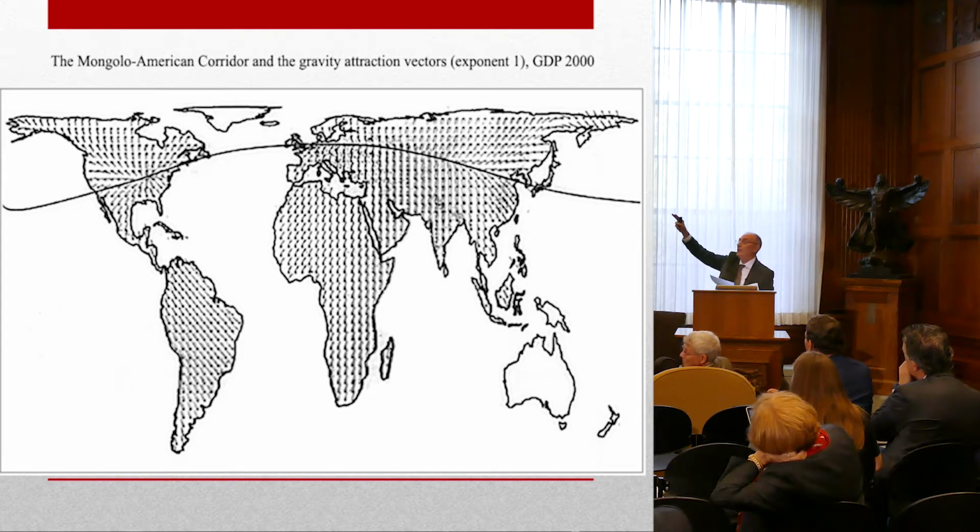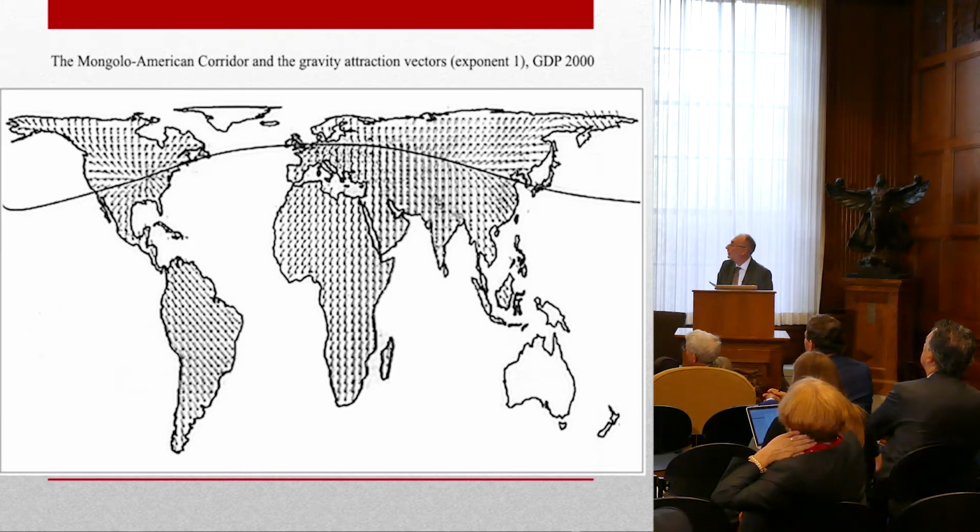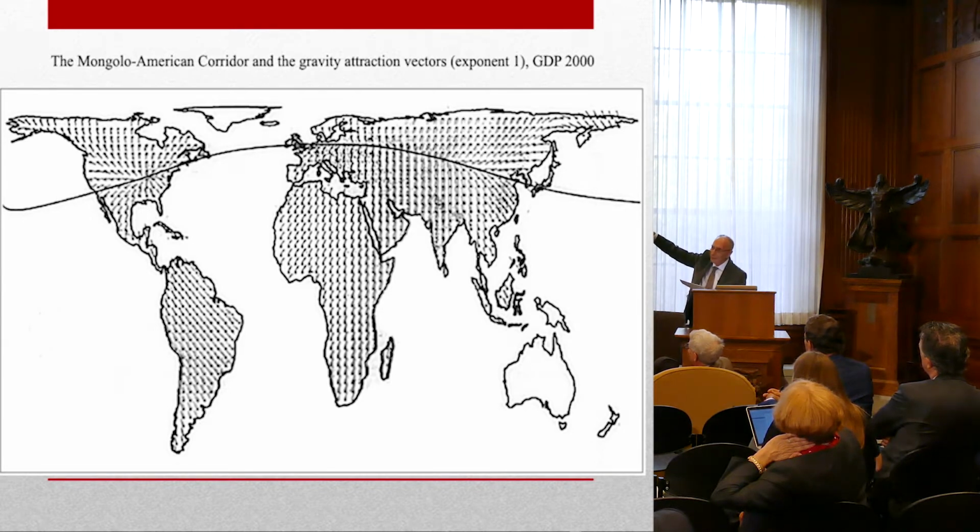So you have all the points in the world, and the tails correspond to vectors. Everybody wants to go. In South America, they want to go to the United States and so on. You see that the vectors are pointing towards that American corridor.